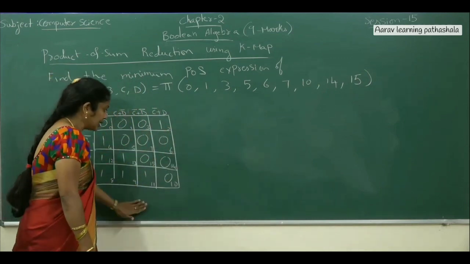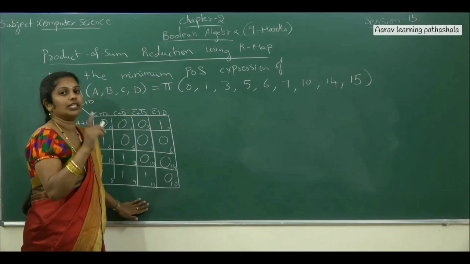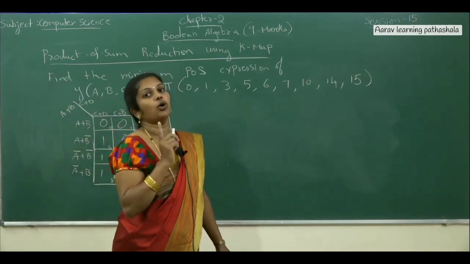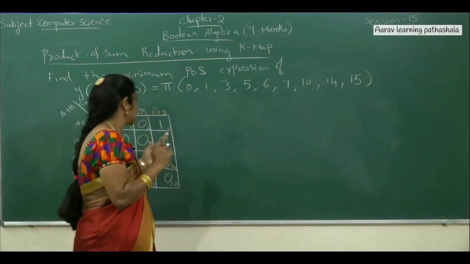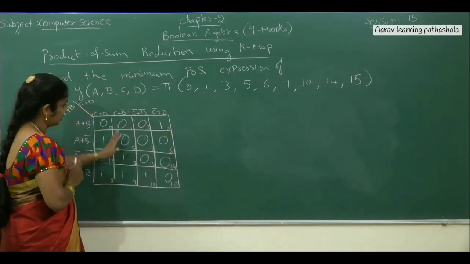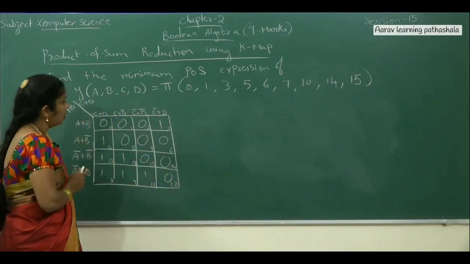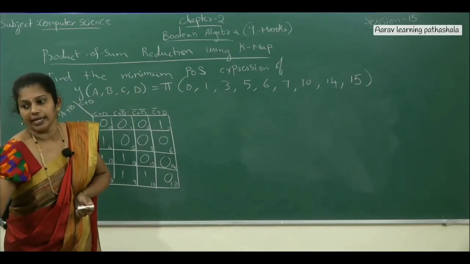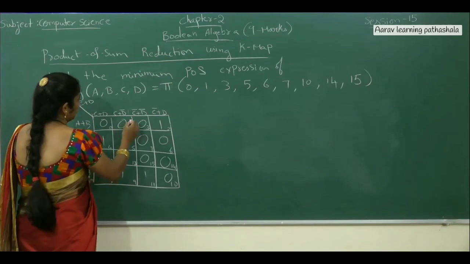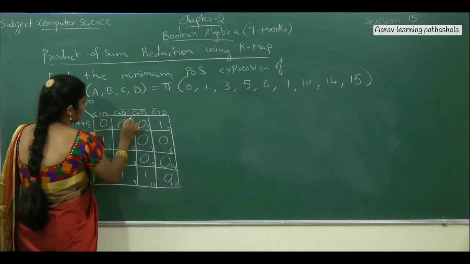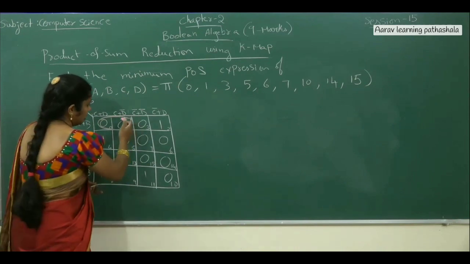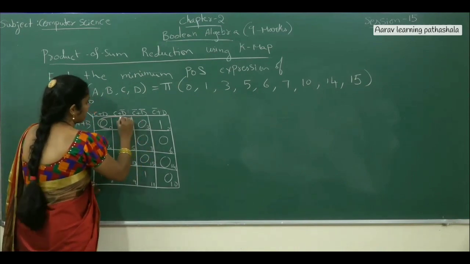Now we have to circle the zeros, whether it is a quad, pair, octet or roll mapping. But here you have to consider 0. Now see the expression, especially this K-map, which pattern is possible here. An octet I cannot take, so first I am going to take a pair. This is the first pair. Next I can take a quad here.